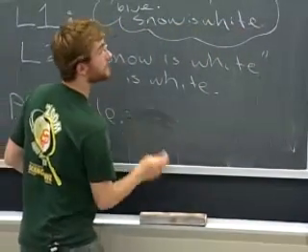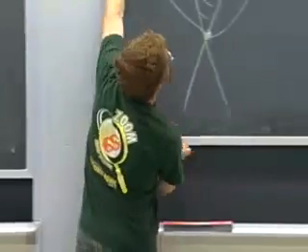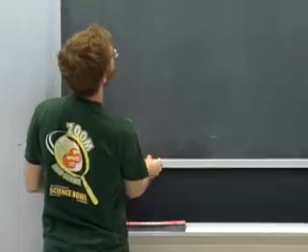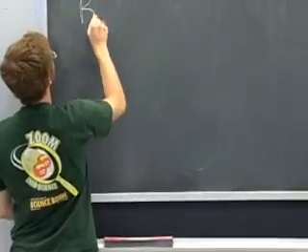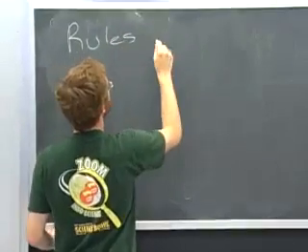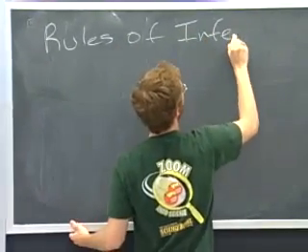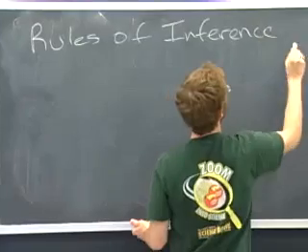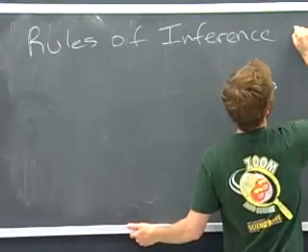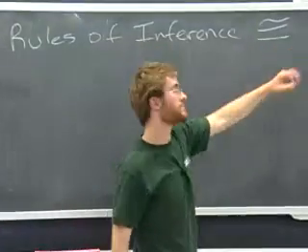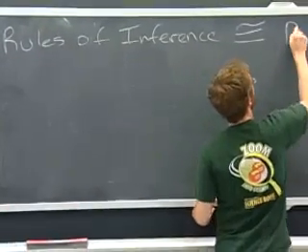So, and I'm going to go ahead and hop over here. What he did is he made rules of inference equivalent to, or my special isomorphism symbol, rules of arithmetic.